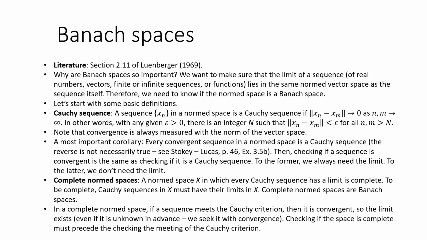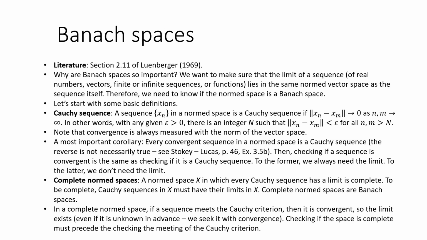capital N, is lower than epsilon. In other words, I'm trying to reformulate in many ways, we can make the difference between any two elements of the sequence arbitrarily small by increasing the indices of the elements.